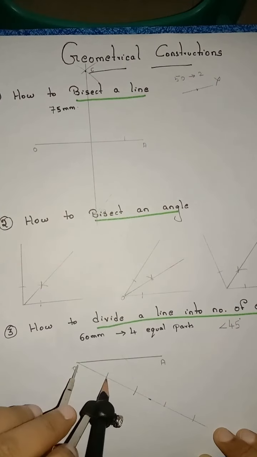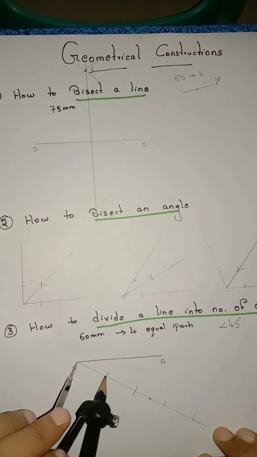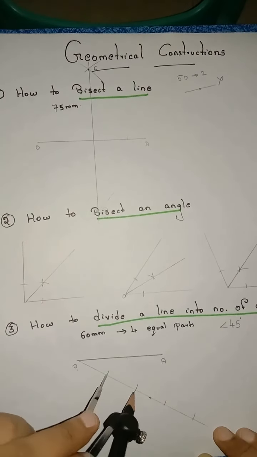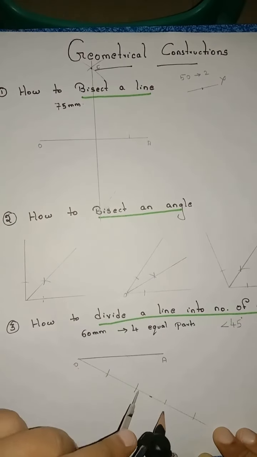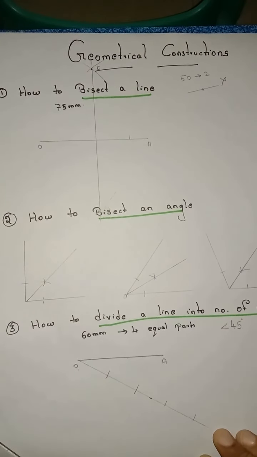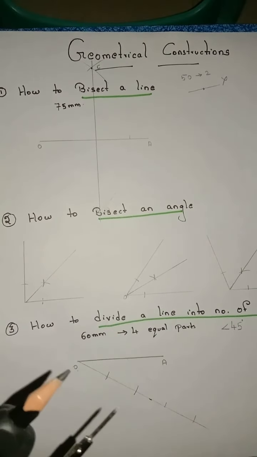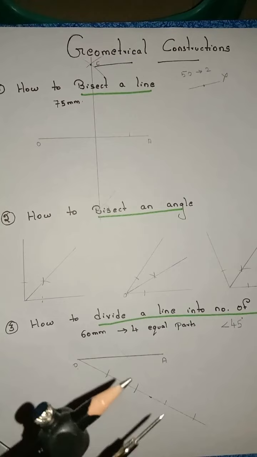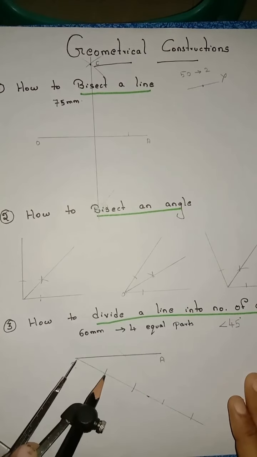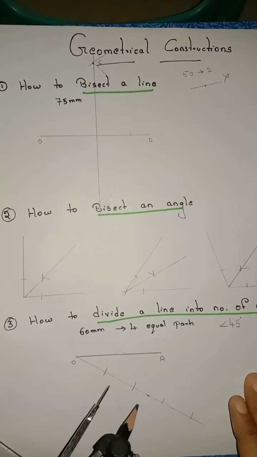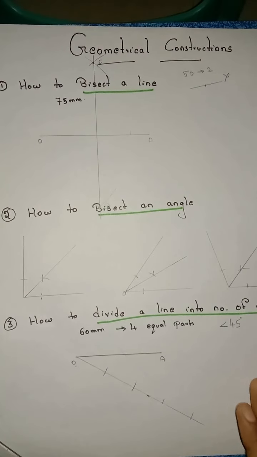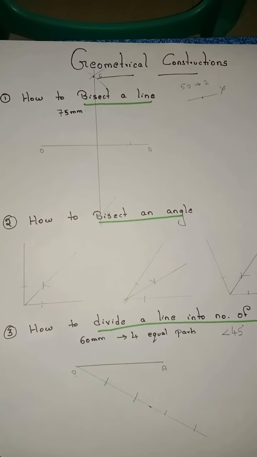If you take a certain radius for the first arc, for the second, third and fourth arcs you have to take the same radius only. Don't change the length of the compass till the last arc.